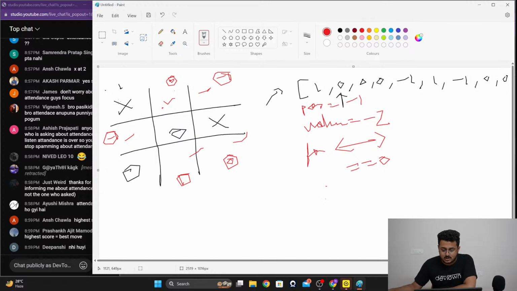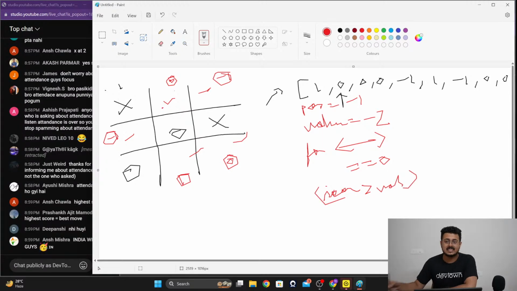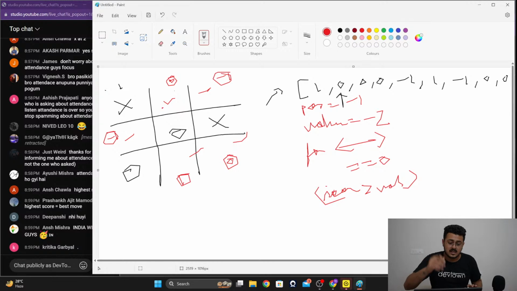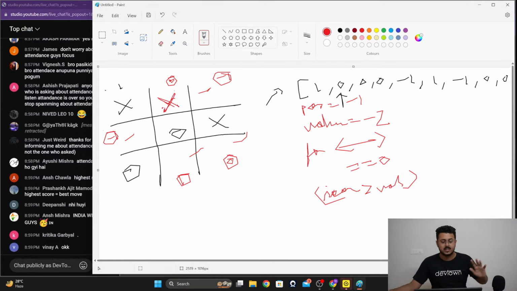So if the current score is greater than the value, only in that particular case, I need to update my value as the highest. This is now the highest possible value. And I need to update my position as well, that, okay, I've chosen to put my X right over here.